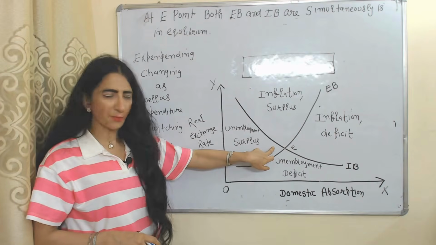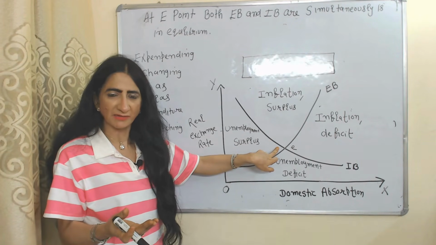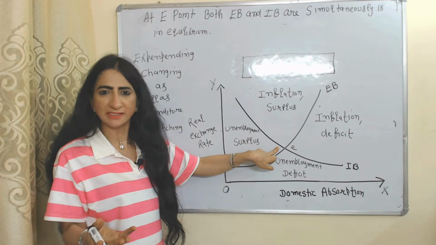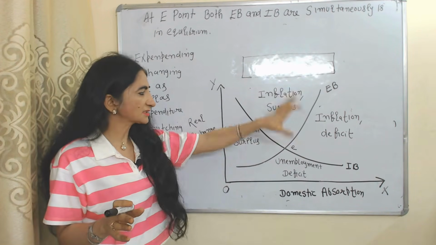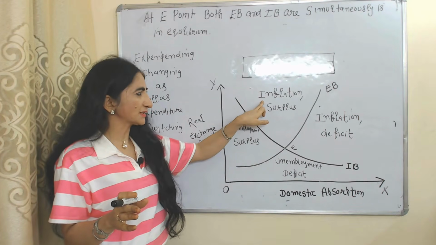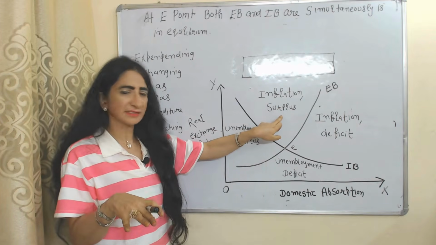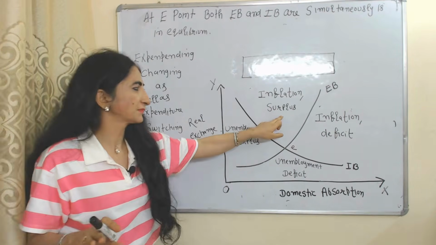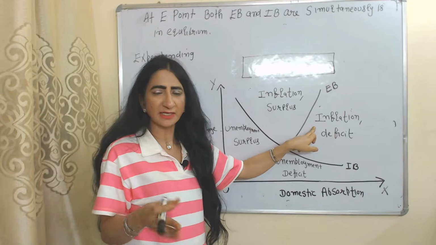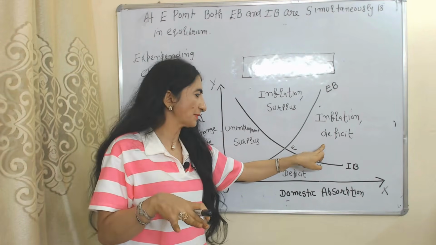This is equilibrium point. At this point, we have simultaneously achieved external as well as internal balance. This curve divided into four zones. First zone represent inflation in domestic country but surplus in balance of payment. Second zone represent inflation in domestic country plus deficit in balance of payment.